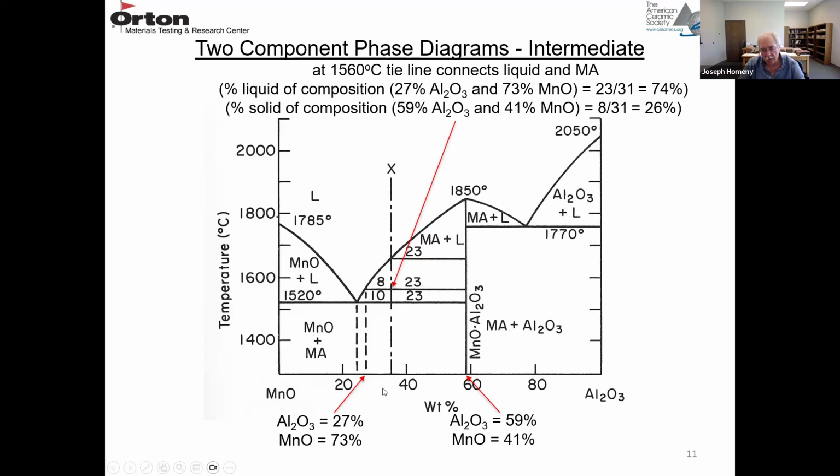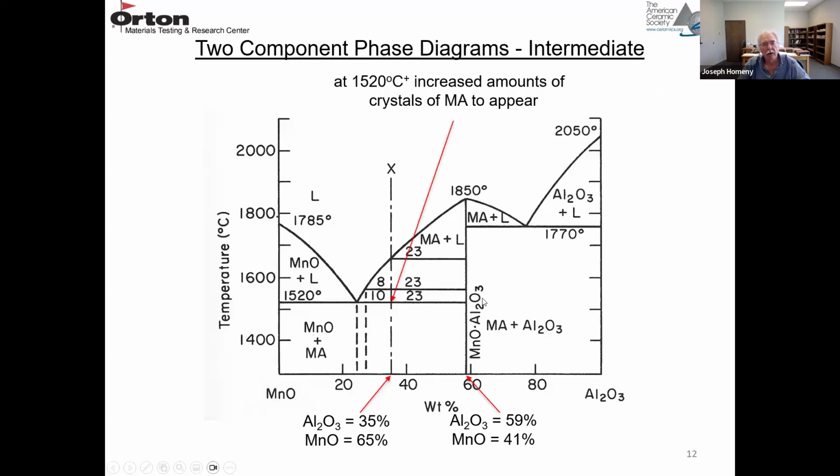And again, Ma is always 59% alumina and 41% MnO, but the liquid composition keeps changing. So that's at 1560. And then if we drop it down to just above 1520, which is the solidus line, at 1520 plus, just above 1520, we have a great deal more crystals of Ma appearing.